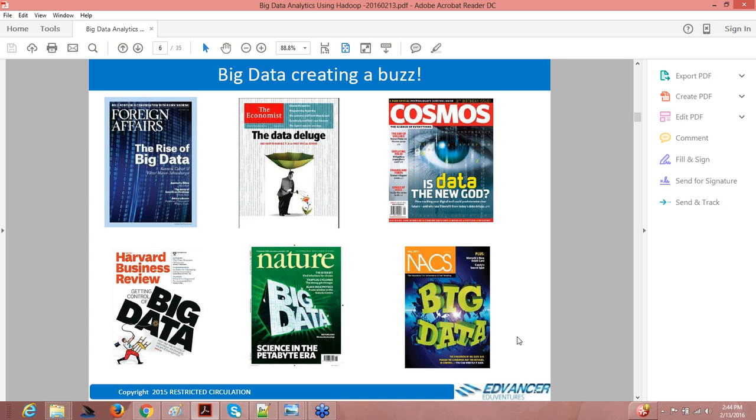That refers to the velocity, that is, it is data which is generated very fast. And big data is the data which exists in various forms. It can exist in structured form, which we are all familiar with. This is the data that we store in relational database systems, like the data that we store in ERP systems, CRM systems. And big data can exist in unstructured and semi-structured form, like XML, JSON, your audio files, video files, and so on.